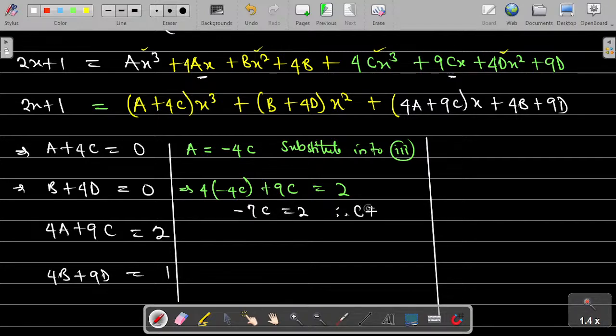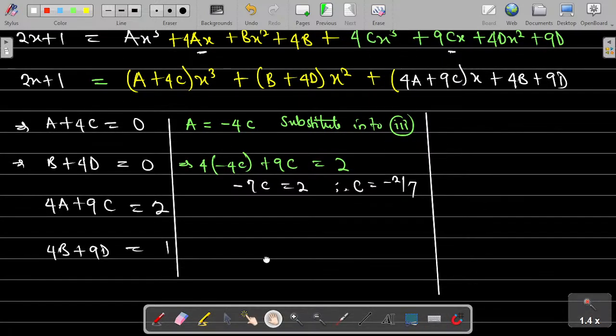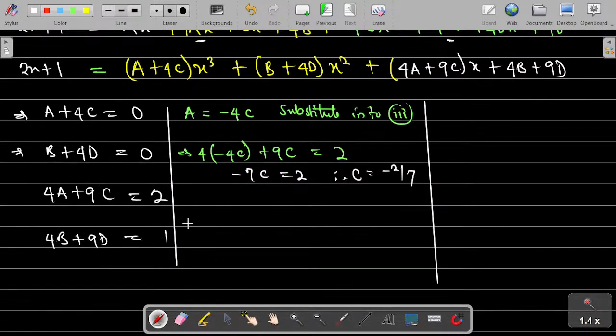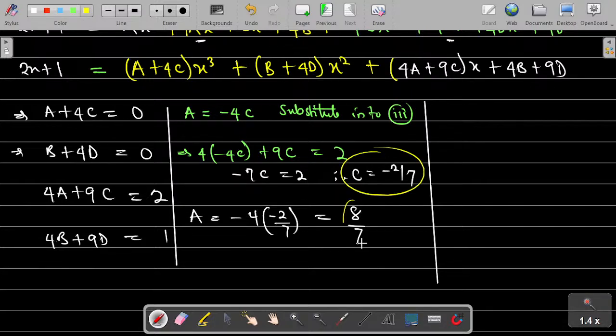Therefore, our C alone is minus 2 over 7. Okay, so we have minus 2 over 7 for C. Alright, so now we can get A, because A is a function of C. So we have minus 4 multiplied by minus 2 over 7, which is going to give us 8 over 7. Okay, so far we have gotten C and we have gotten A, right?